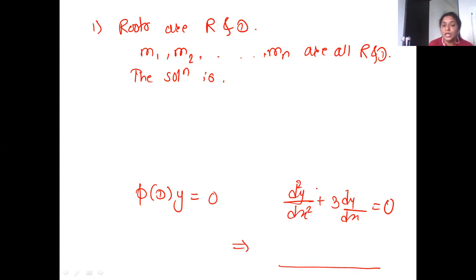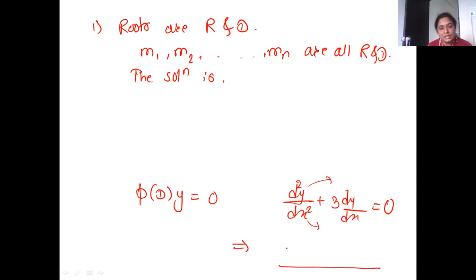We are solving always for the dependent variable, remember, as a function of the independent variable. So how is your solution here? If this equation has dy by dx, y is the dependent variable, x is the independent variable.